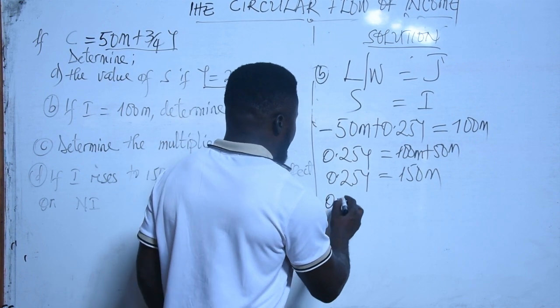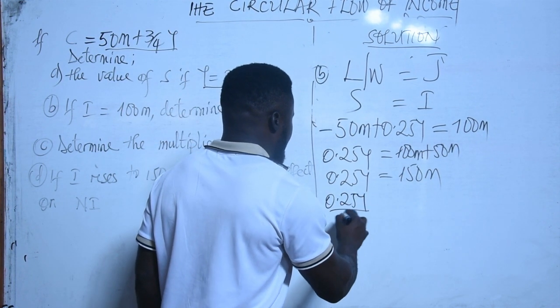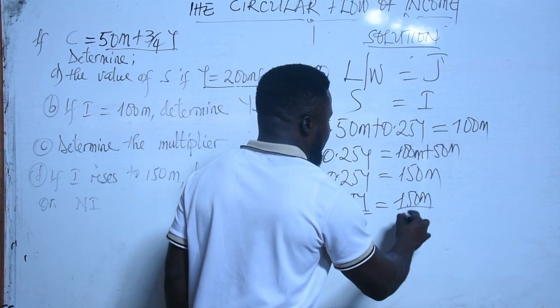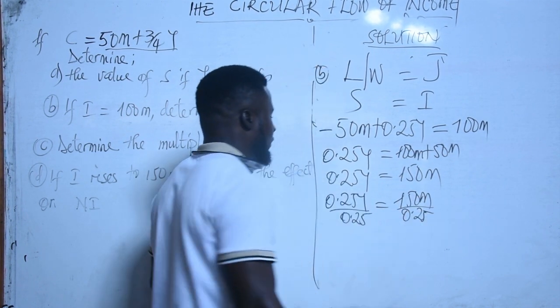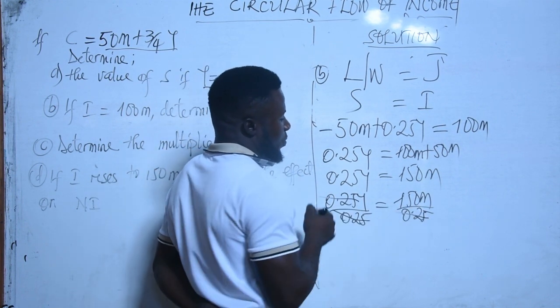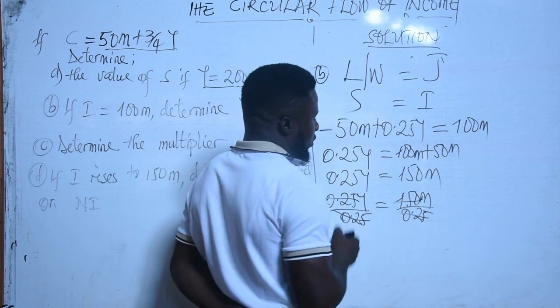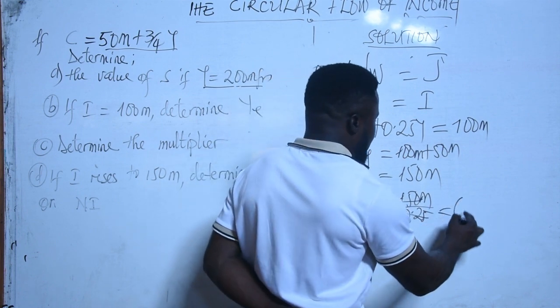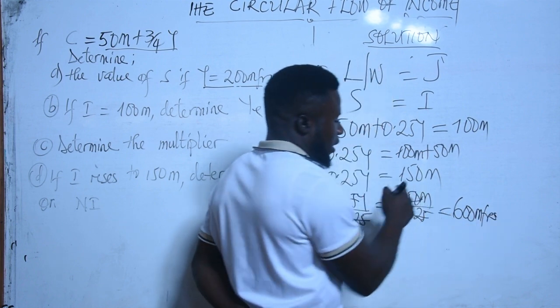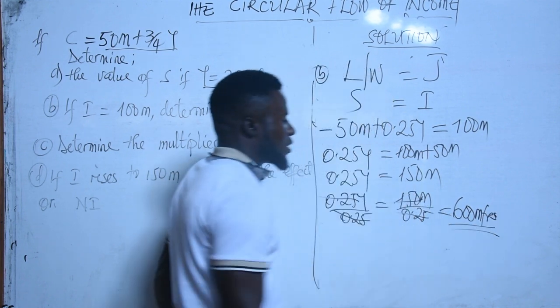So we have 0.25 Y all over 0.25 should be equal to 150 million divided by 0.25. So this takes care of this, and 0.25 goes into 150, 600 million francs times, since we were working in millions of francs here.